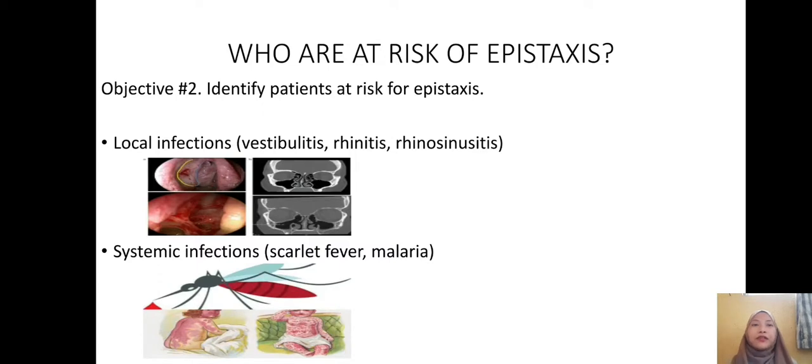Objective number 2, identify patients at risk for epistaxis. So we have local infections such as vestibulitis, rhinitis, rhinosinusitis, and systemic infections.